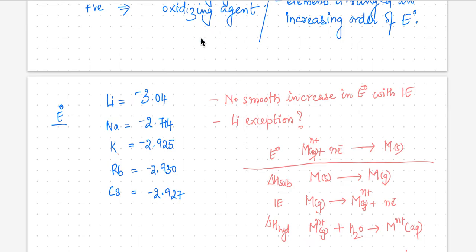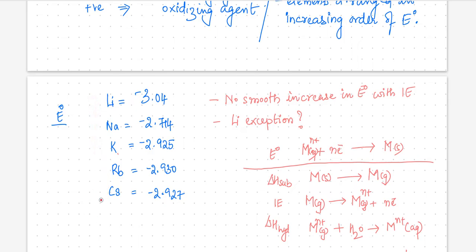Now, if you look at the alkali metals here, what we expect is the E naught value to be negative, and the negative E naught value should increase down the group because the ionization energy decreases down the group.